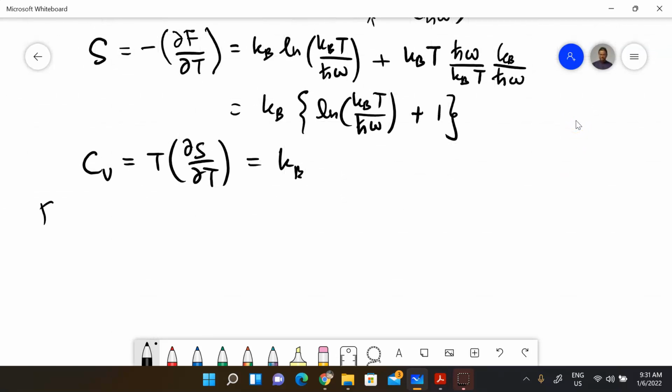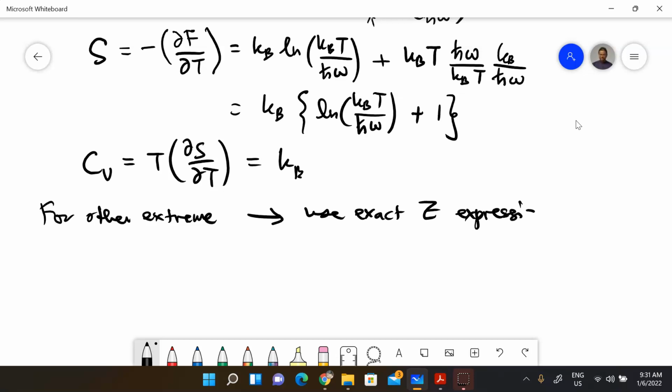Okay, for the other extreme, use the exact Z expression. Let me just write that down again. Z equals e to the minus h bar omega on kBT divided by 1 minus e to the minus h bar omega.